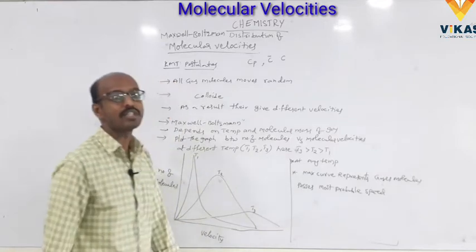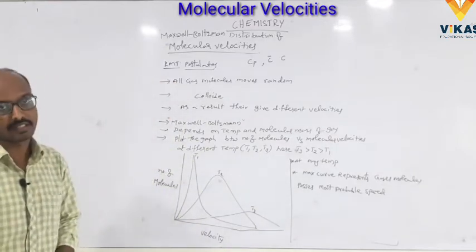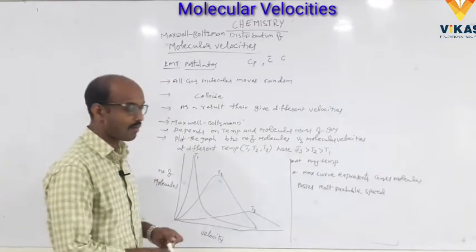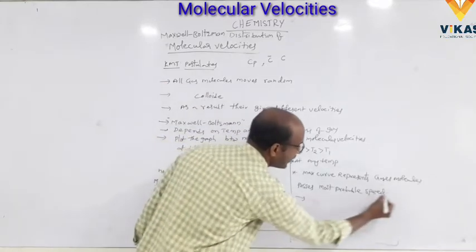That means the speed possessed by the maximum number of molecules. The speed possessed by the maximum number of molecules is called the most probable speed.